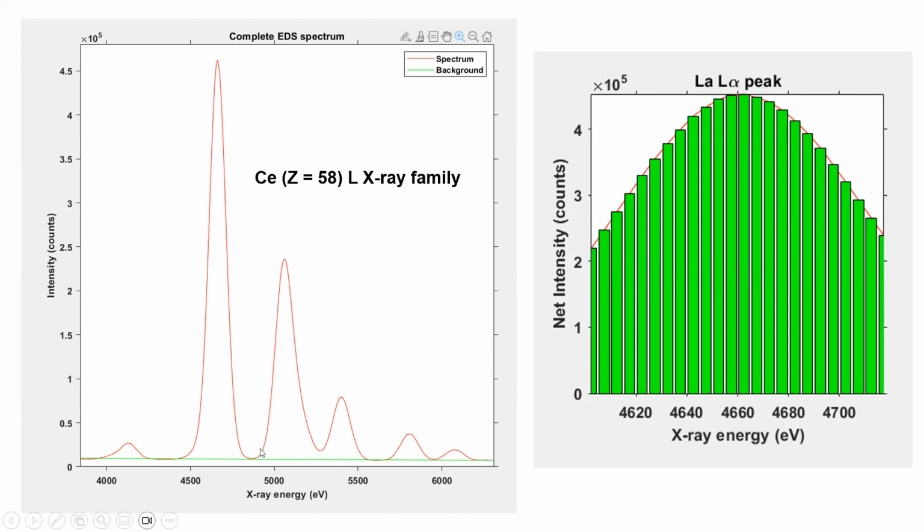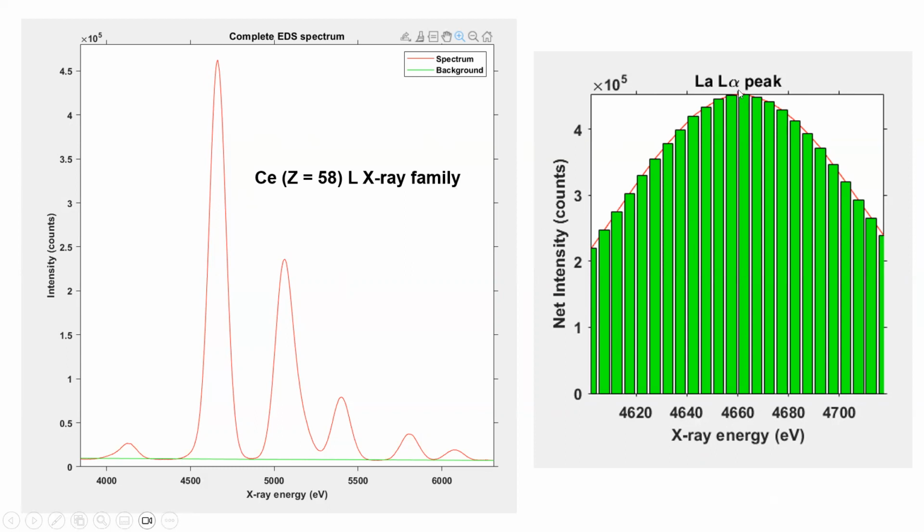If we subtract the background from the spectrum, we end up with what you see on the right. You can tell the background subtraction is good because you should go all the way down to 0 here. You remove the background and you start at 0, as you would expect. If we had the background still in here, we would have a bump up, but we don't, so this is perfect.